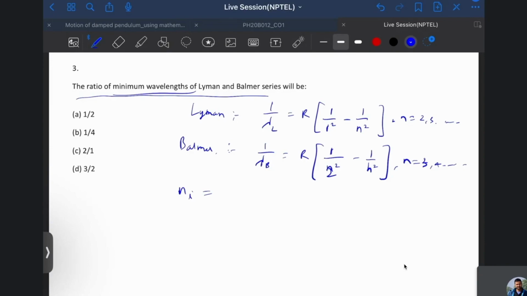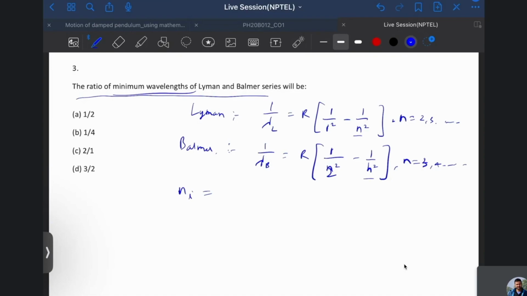Anyone? For minimum wavelength, what should be this n here? Can anyone answer? You should be able to answer. Hello, can you hear me?